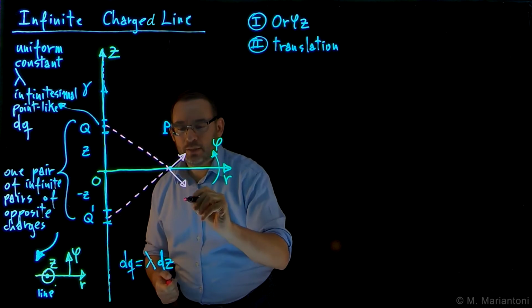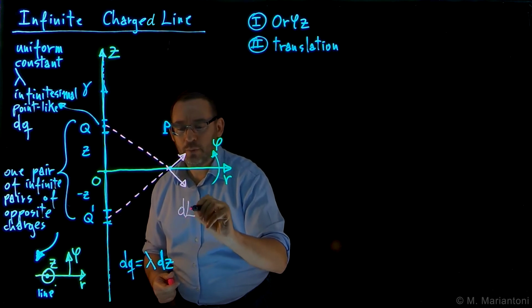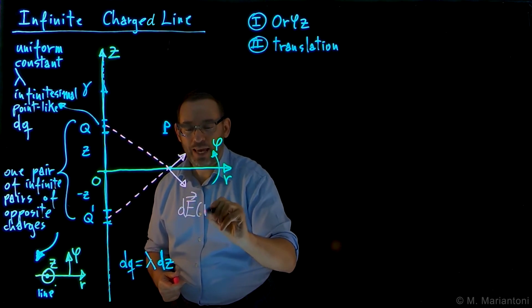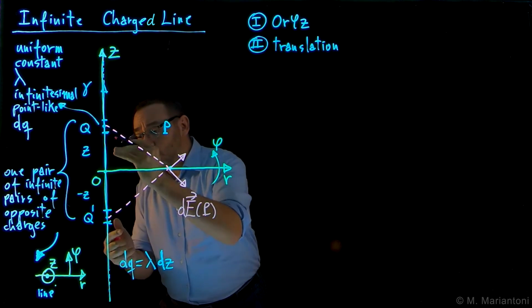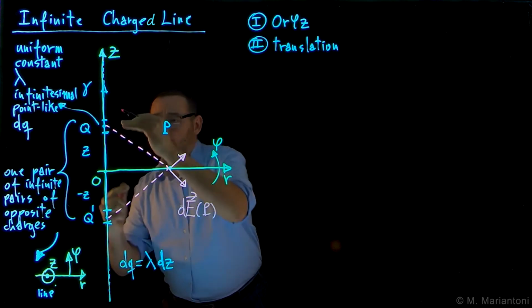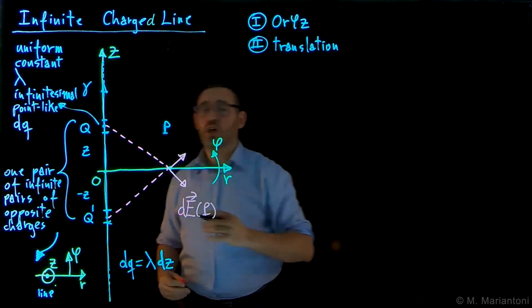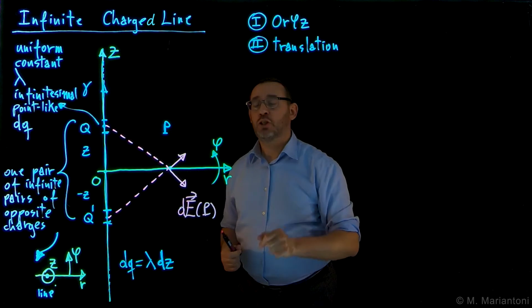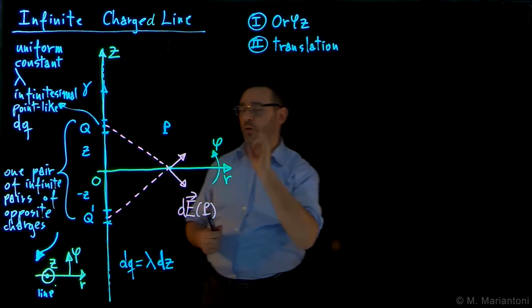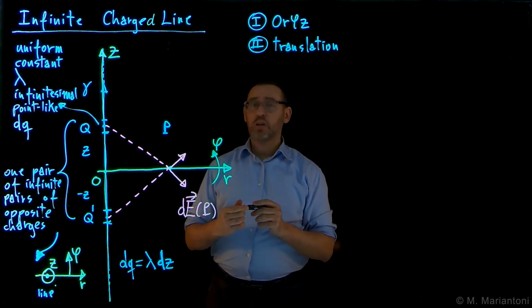So each of them, let's call them dE at point capital P, okay? These are the two dE's due to two opposite charges of one of the infinite pairs of opposite charges that I can have with respect to O in the line gamma, which is characterized by lambda, okay?